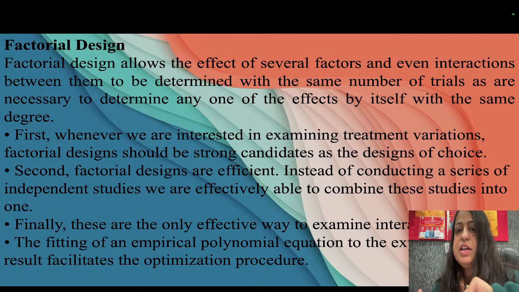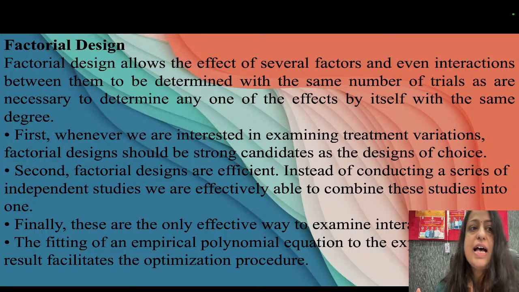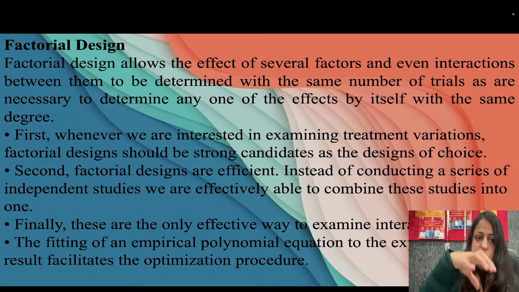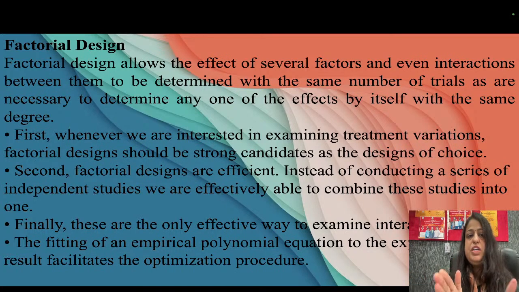And then to be determined with the same number of trials as are necessary to determine any one of the effects by itself with the same degree. So at a particular degree, if this is the response, then what effect the individual factor is showing on it and what effect they are showing combinedly on this response, we can check out by using this factorial design, right?